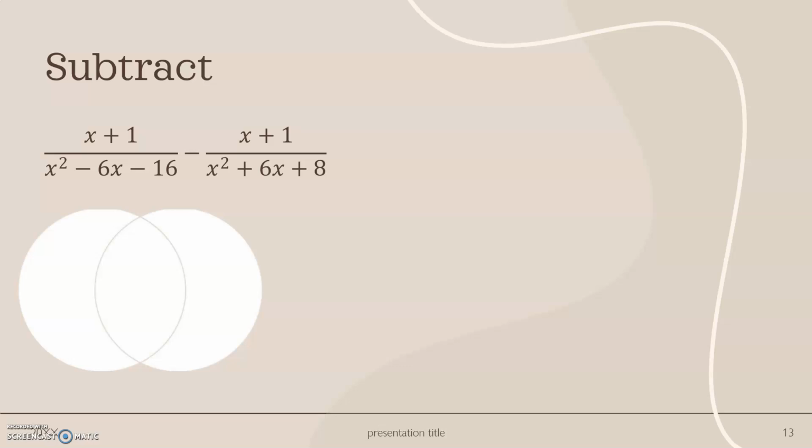When we do subtraction, we do almost exactly the same process, but instead of adding like terms, we will subtract like terms when we have common denominators. So for this problem, I'm going to factor.